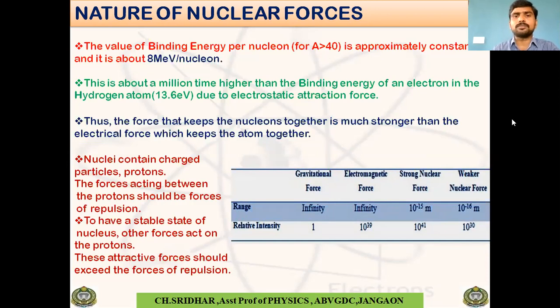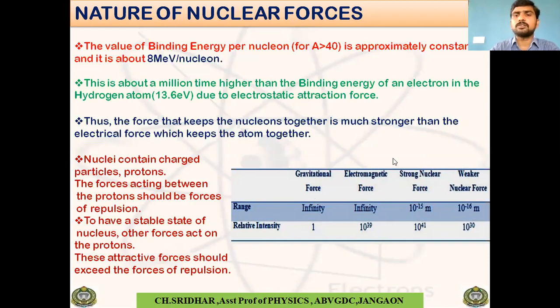Among all the forces in nature, the nuclear force is very strong, and it is a very short range force. The range of the gravitational force is infinite, and the electromagnetic force is also infinite, whereas the strong nuclear force has a range of the order of 10 to the power of minus 15 meters. Within this range only, the nuclear force is attractive.